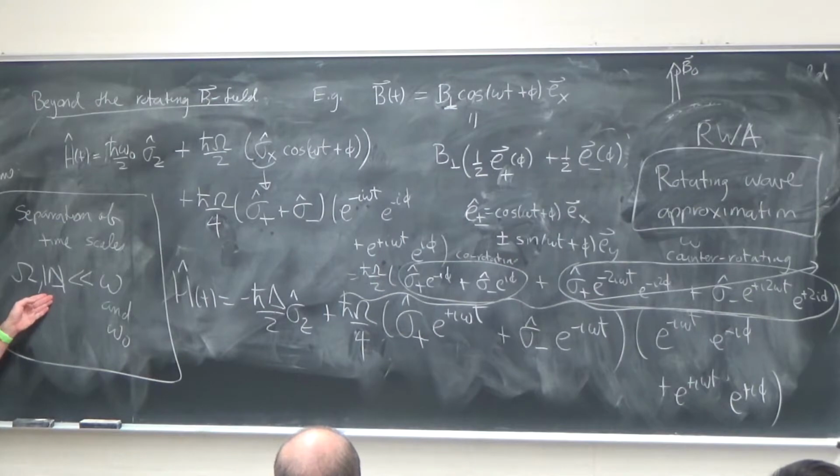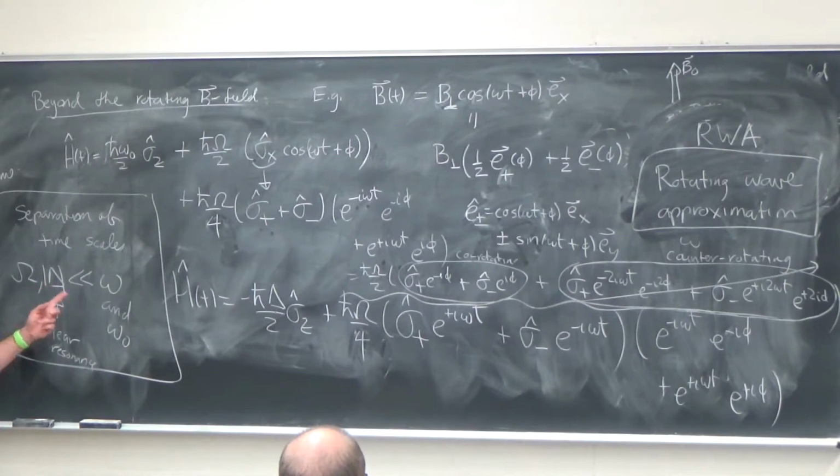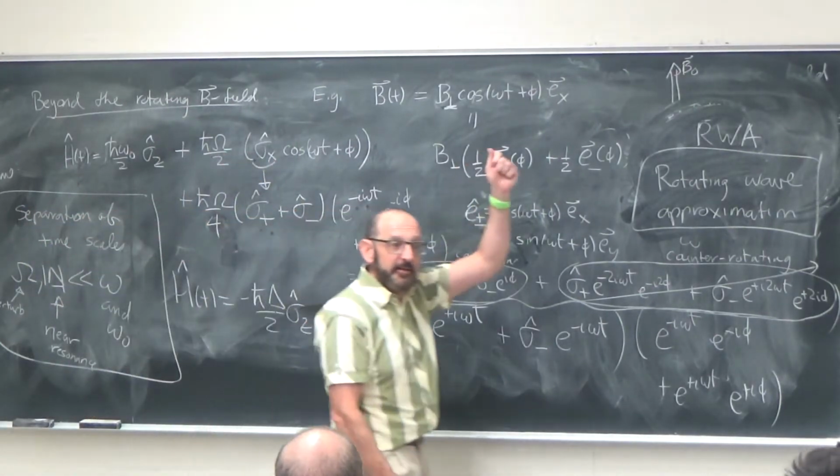Number one, it's a near resonance approximation. You have to be very close to resonance. Your detuning should be small compared to the resonance frequency. The other thing is it's a perturbation expansion. That is to say, the transverse field strength must be very weak compared to your static magnetic field.